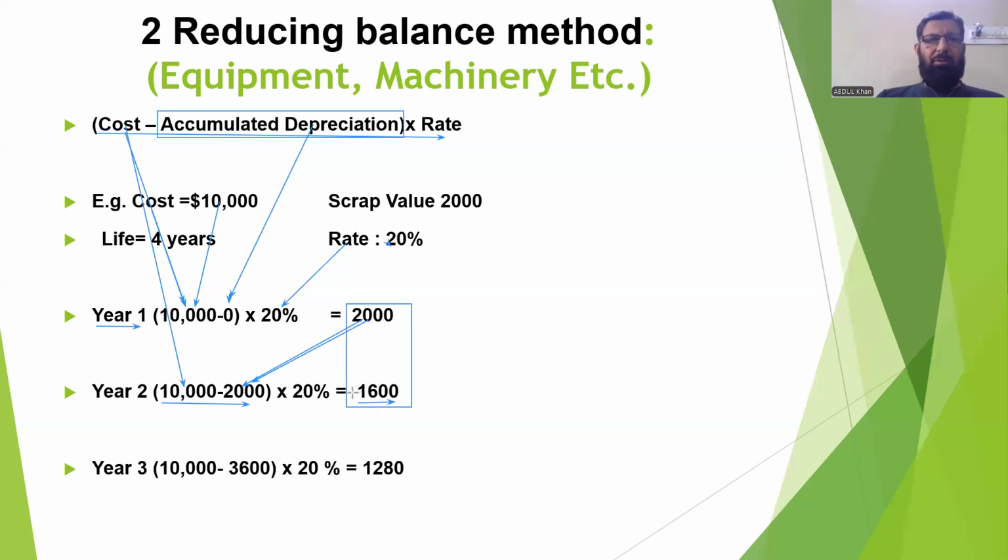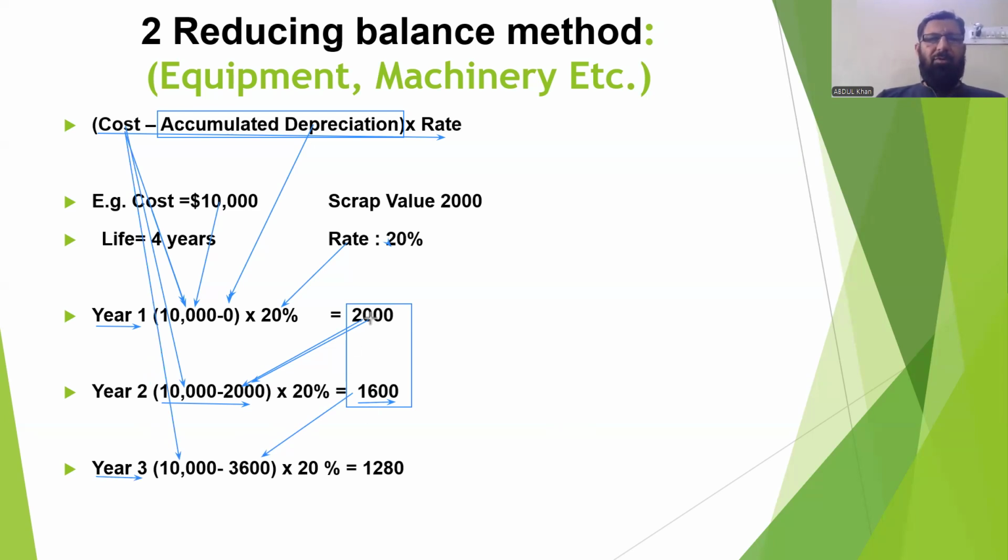When you add it, that makes 3600. So cost is the same, okay, same cost. But accumulated depreciation is 3600. Why? Because so far, before this year 3, we have calculated depreciation of 2000 and 1600.